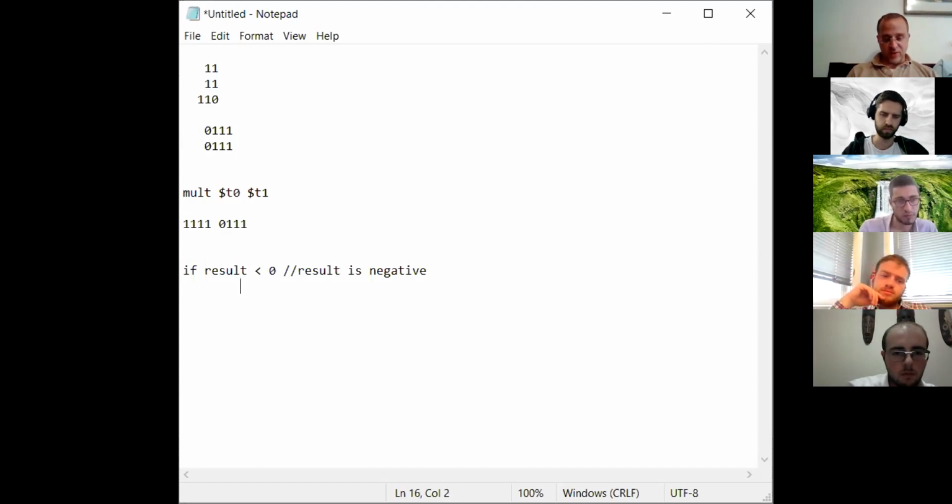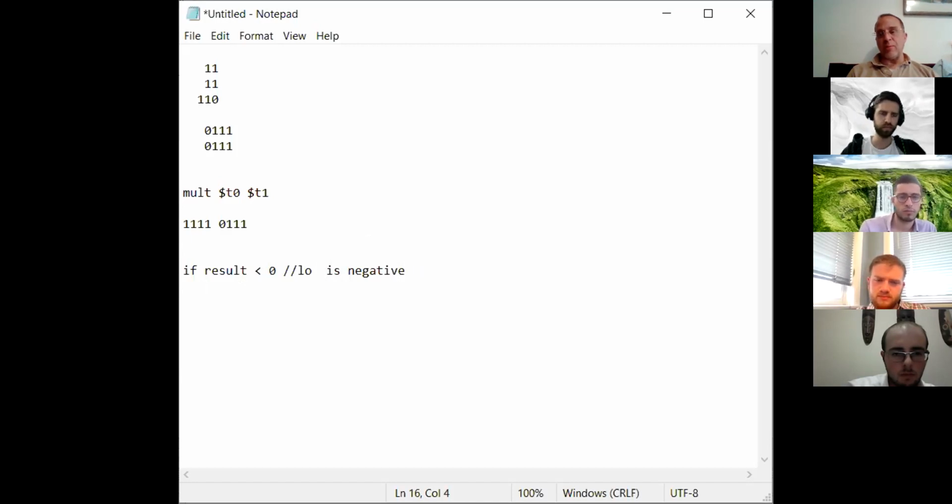If the result is negative, then what? Then we have to do another if. What should the case be about the high? Actually, I'm going to change this. When I say result, I mean the low register. If the low register is negative, then what should the high register be?